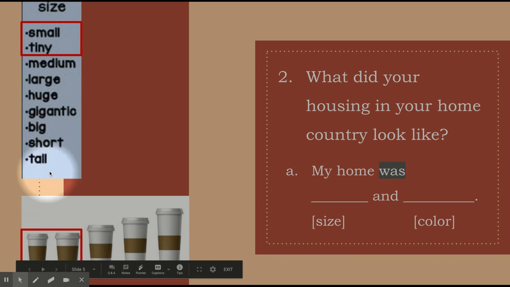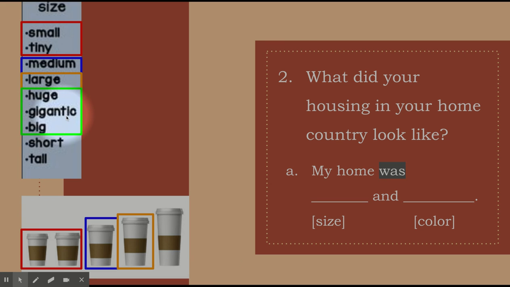Or you can say, my home was medium sized. Medium sized is right in the middle. Or maybe your home was large, right? You have large. Or maybe it was huge, gigantic, big.